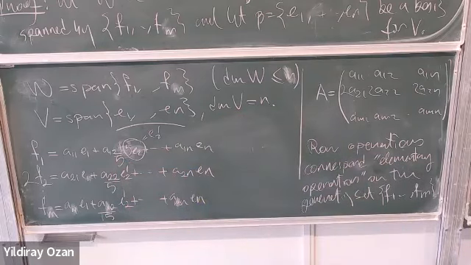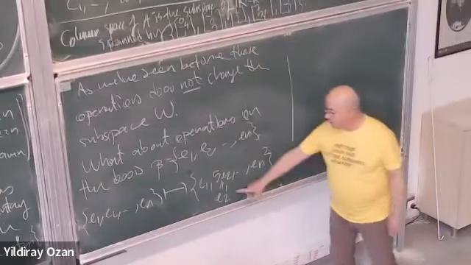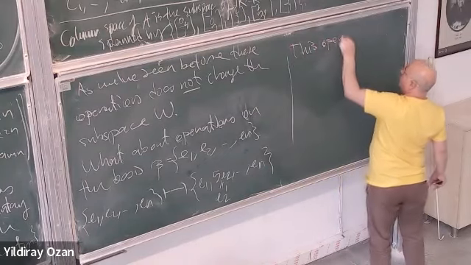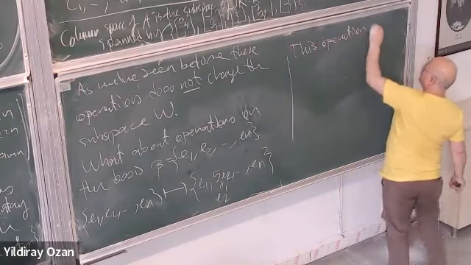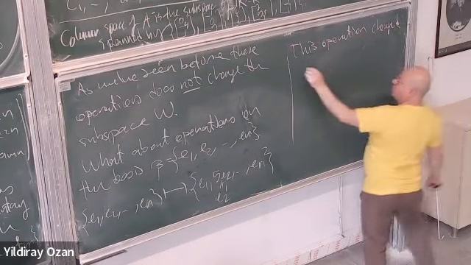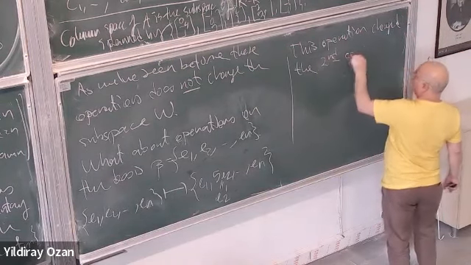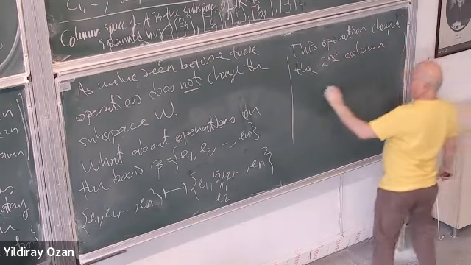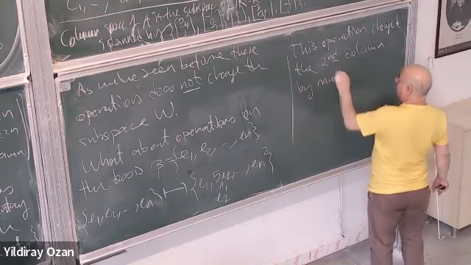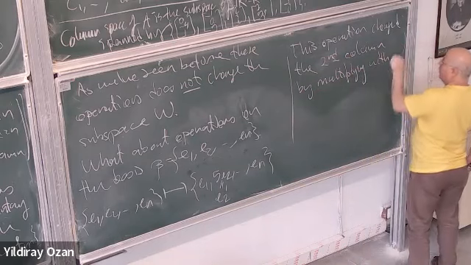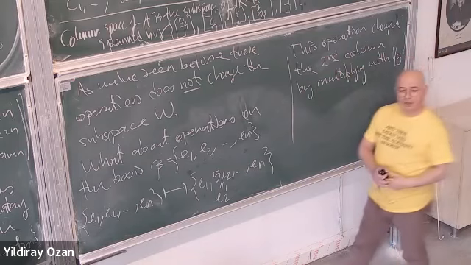So, okay, so this operation changes the second column by multiplying with 1/5, right?